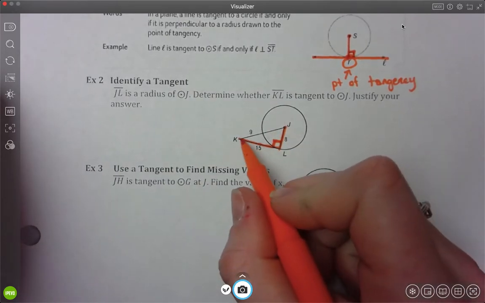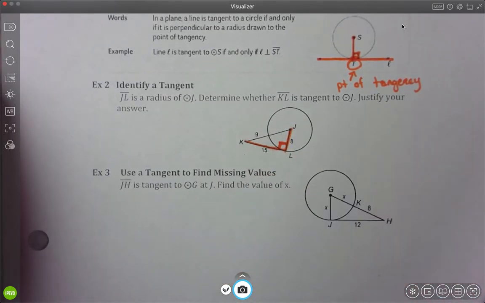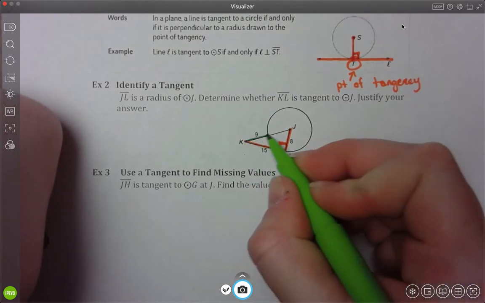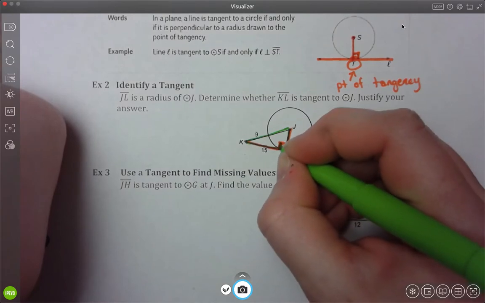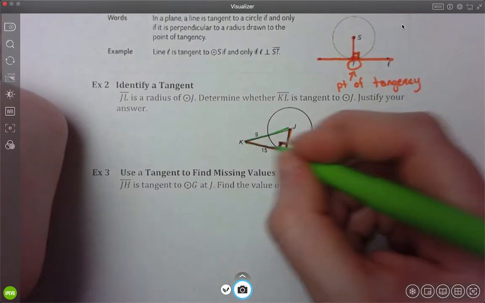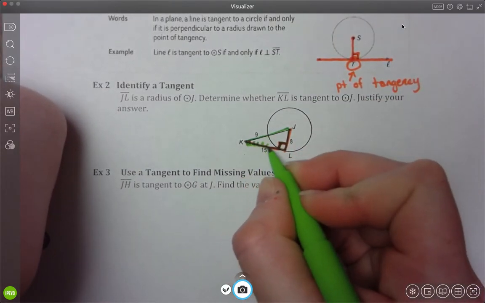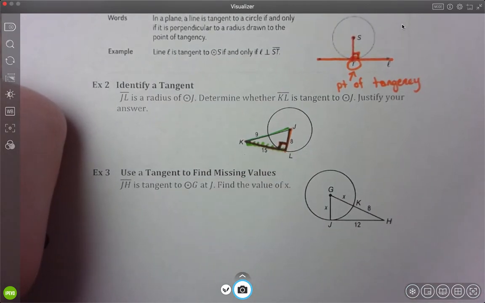So then why did they put this 9 in here? That's confusing, right? What I can do is look at this as a triangle. I can use the Pythagorean theorem to see if that is a right triangle, meaning this is a 90-degree angle. And if that's true, then this is definitely a tangent line, right? Okay.